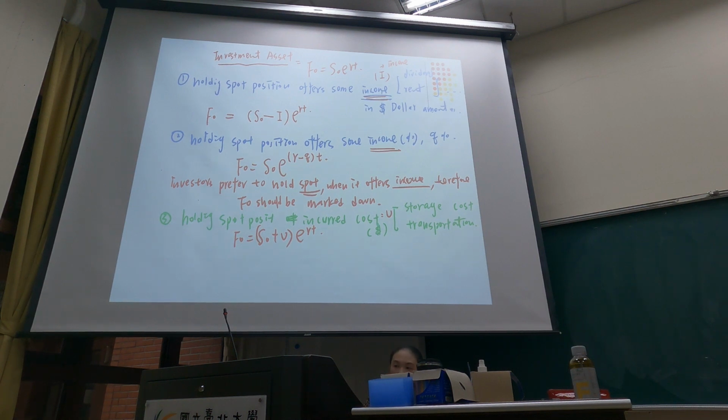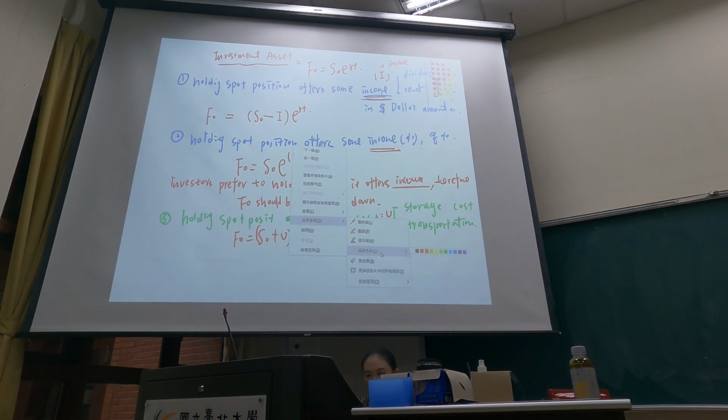You have to carry it around or save it somewhere, which incurs some storage cost. But if you're holding the gold futures, you don't have this cost, right? So as a consequence, the investor will prefer to hold the gold futures. So the price of the gold futures should go up in the theoretical model. It becomes a plus. Are we okay so far?